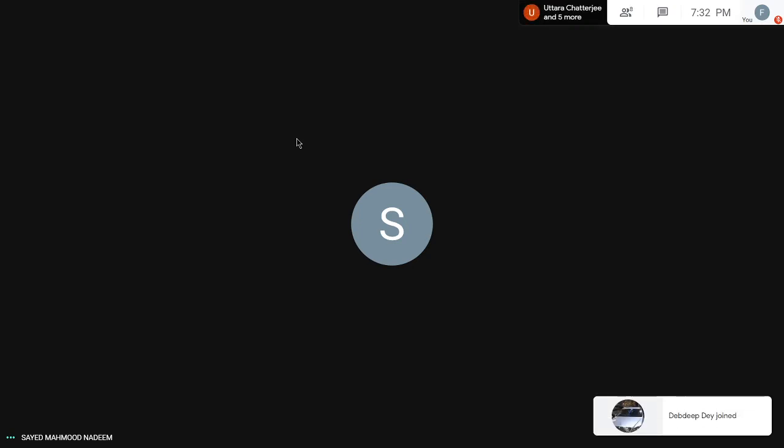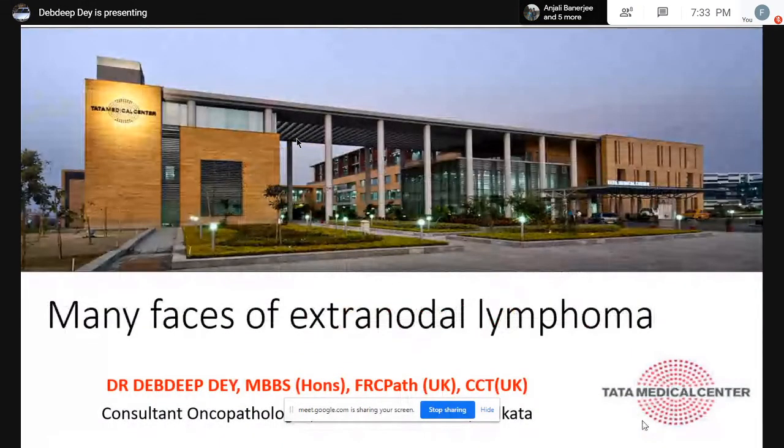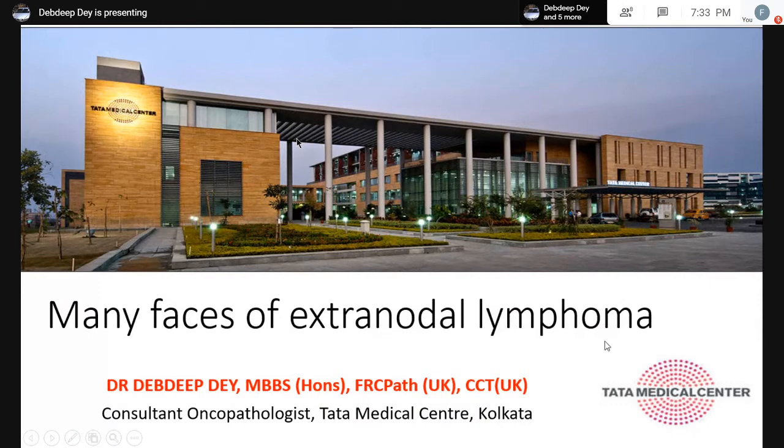Just press present now on the right side of your screen and your entire screen and the center of the screen and share. Yeah, we can see your screen. Yeah, just please make it full screen. Is it okay now? Yeah, you can just press that hide pop up so that it just goes away. Fantastic. Please start.